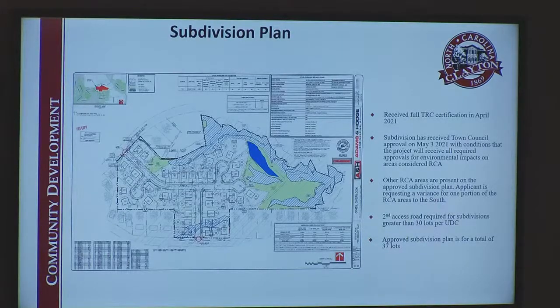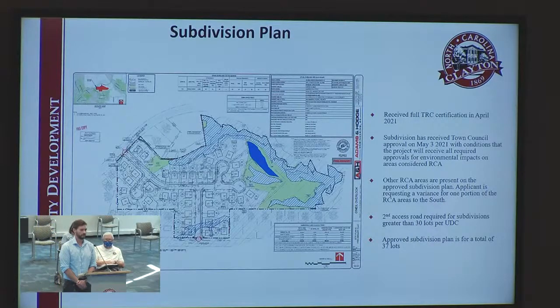So this property has an approved subdivision plan. It was approved by council May 3rd, 2021 with conditions. Before that, it received TRC certification in April. Just to mention, RCA stands for Resource Conservation Area.